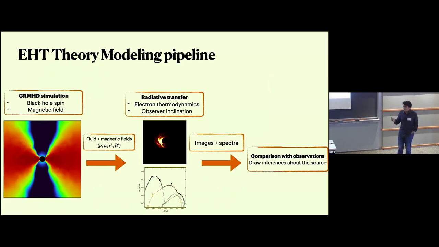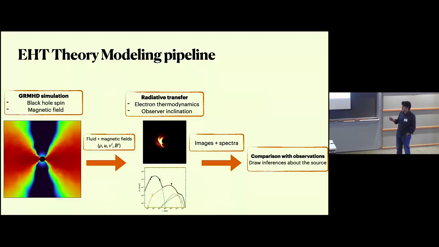These are not known a priori about these sources, so these are free parameters. And the canonical library that the EHT uses is a single temperature fluid simulation. So you need to also prescribe the electron physics, and that's done in post.